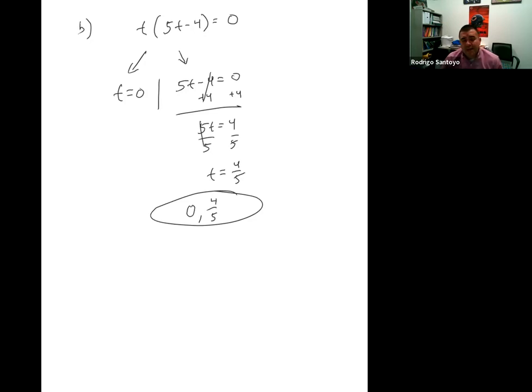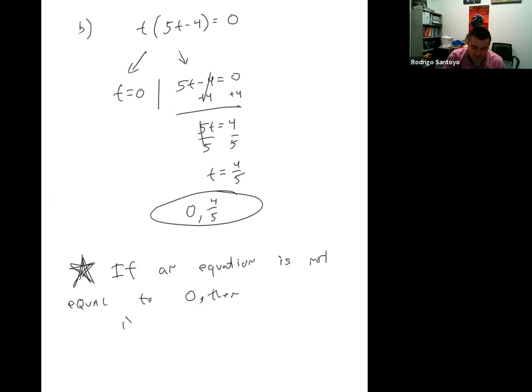So these examples are really nice because once again, they're set equal to 0. But something that's very important to note is, if an equation is not equal to 0, then the first thing you do is set it equal to 0.